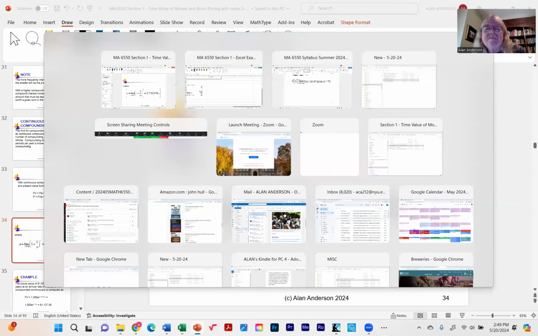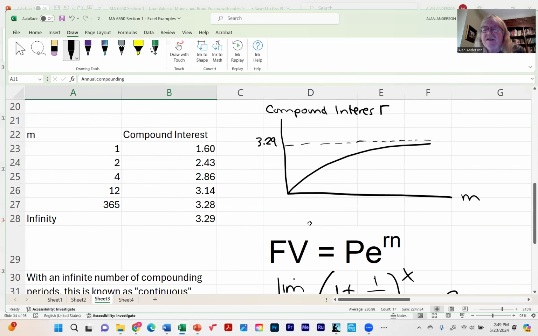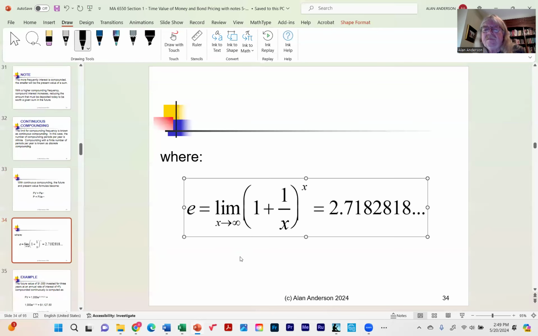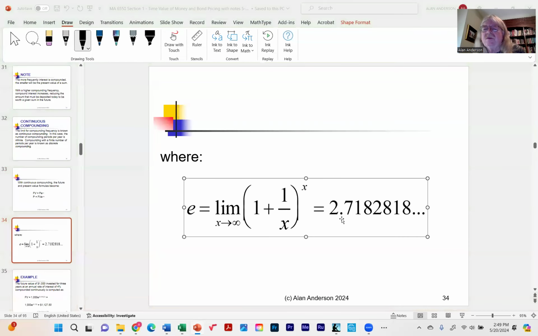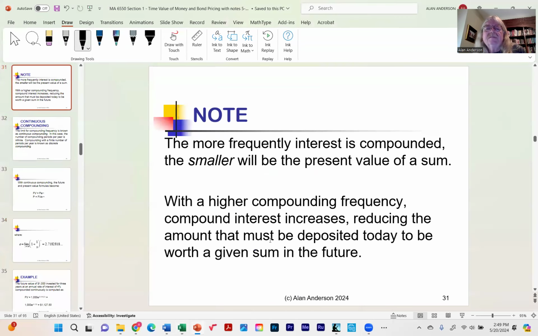Yes, E is the limit as X goes to infinity of 1 plus 1 over X to the X. But if you put an R here instead of 1, R being just some constant, then that means E is raised to that power. I just want to mention that.